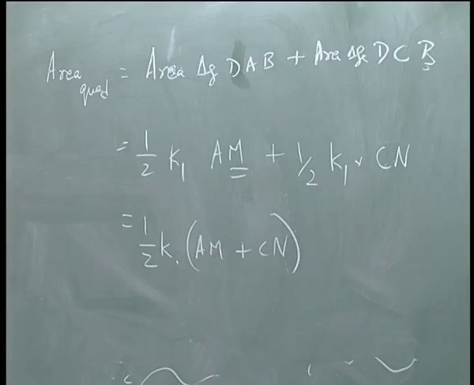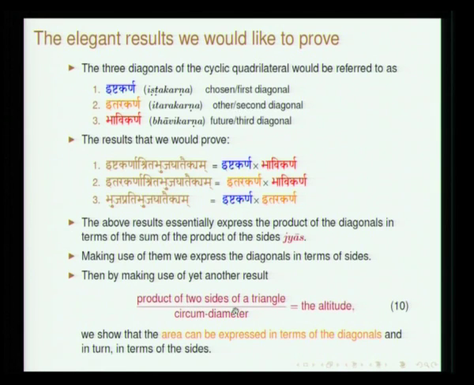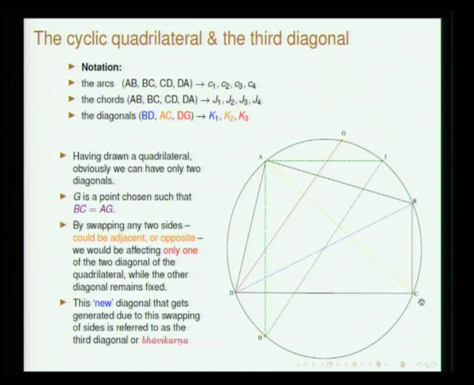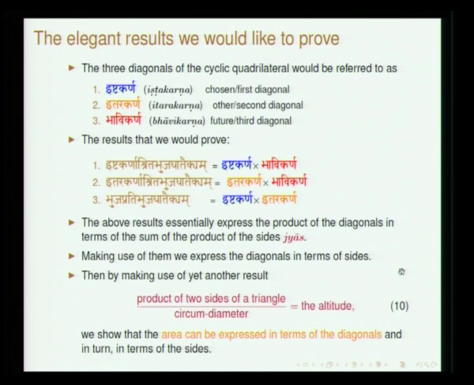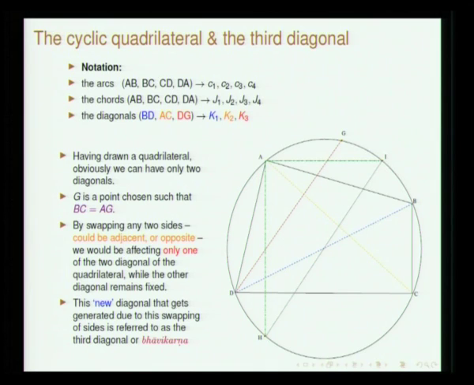Now for AM, we know the result that the product of the sides of the triangle divided by the circumdiameter gives the altitude. So, AM and CN are basically the altitudes, and we use this result. The product of these two sides, in this case, suppose you had dropped a perpendicular from A to M, the two sides are J1 and J4.